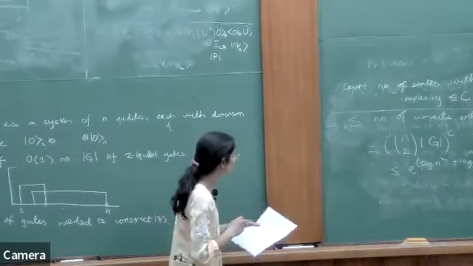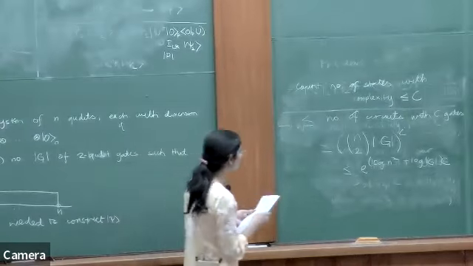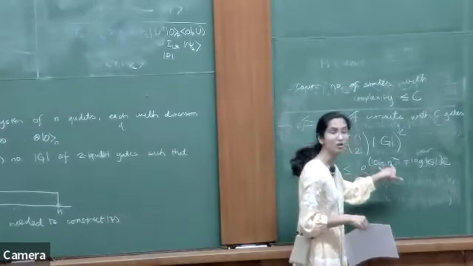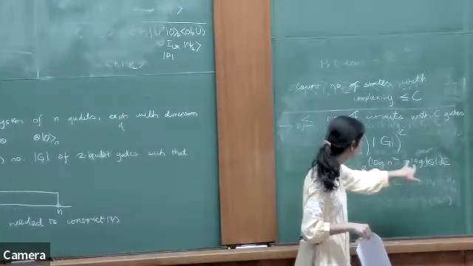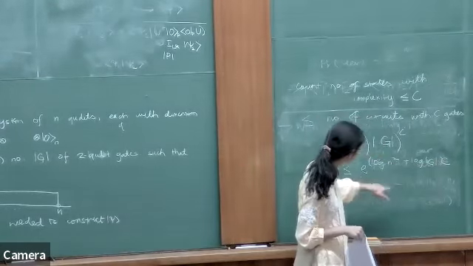Whatever, they fix them once and for all, so it doesn't matter. So the important factor here will be just log n squared, and the whole thing is being multiplied by C.